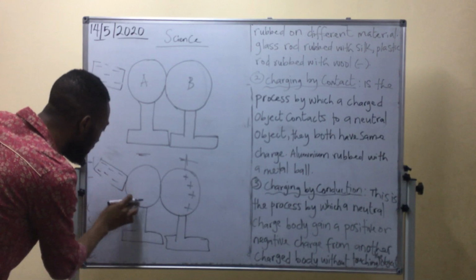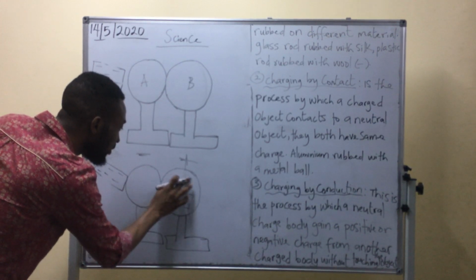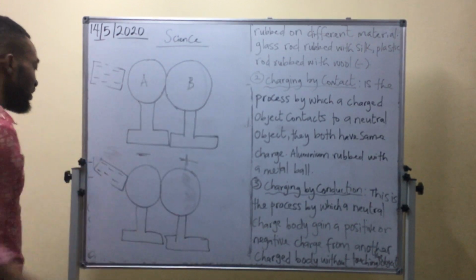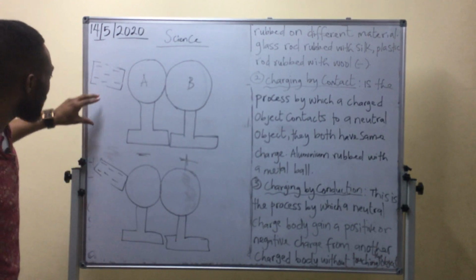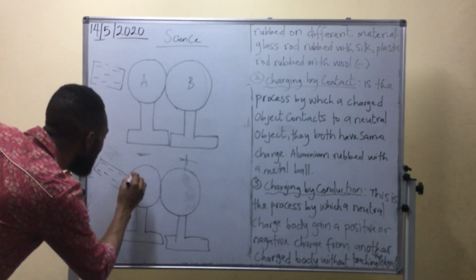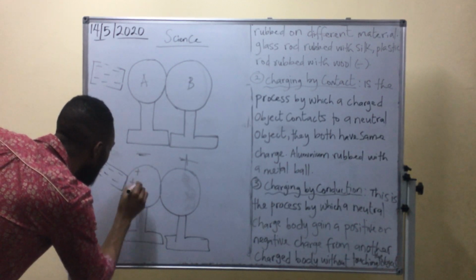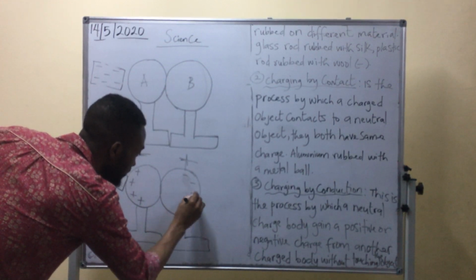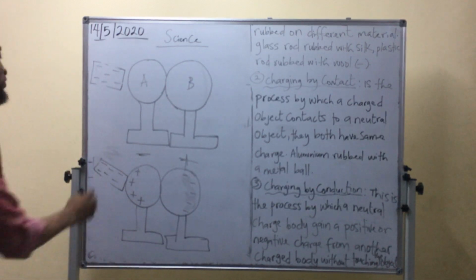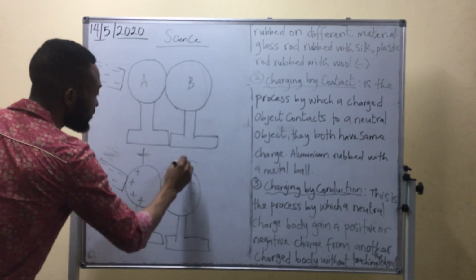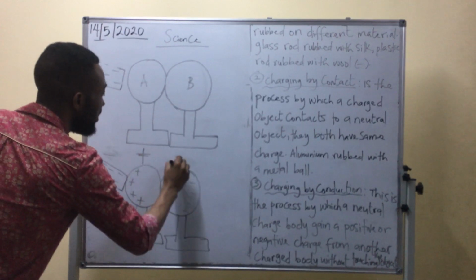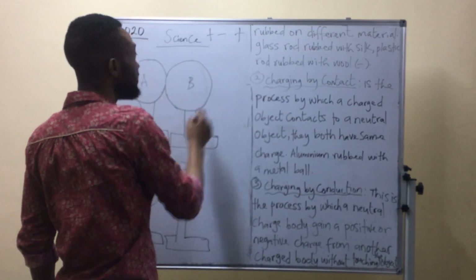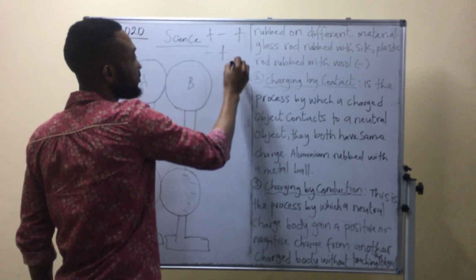It will not be like the first one. So this is A, this is B. If you take this aluminium close to this metal ball, you will have a positive charge first here, and the second one will generate a negative charge. So you have minus, plus, then minus. The first one gives us plus, minus, plus, while the second one gives us minus, plus, minus.